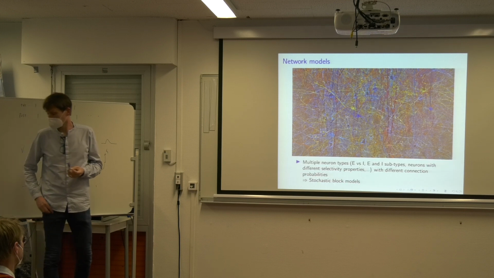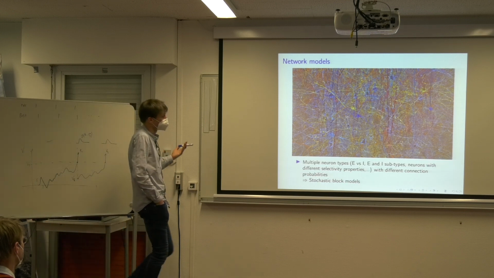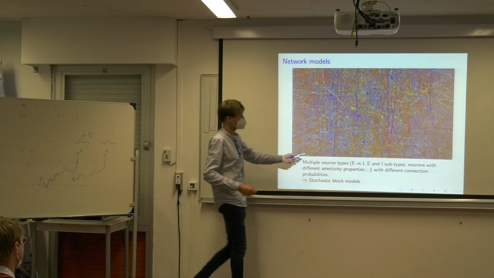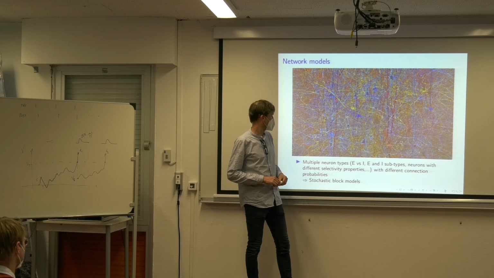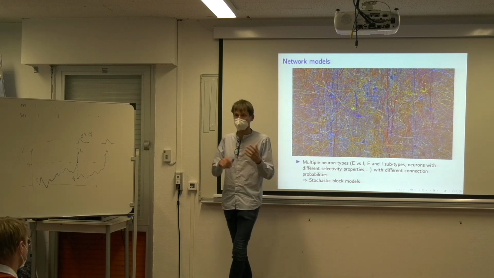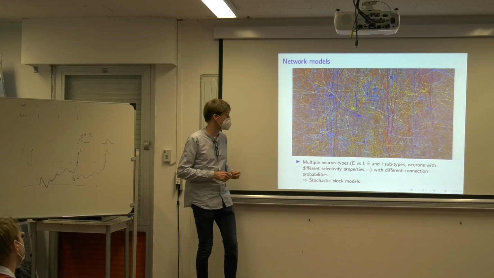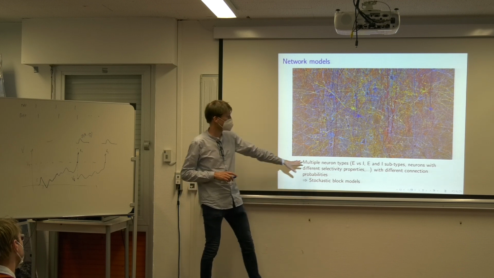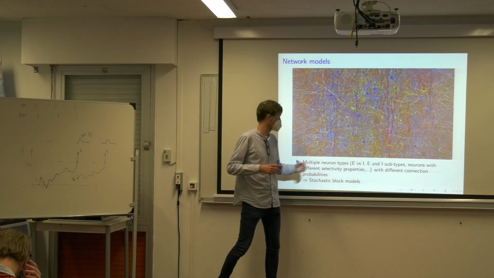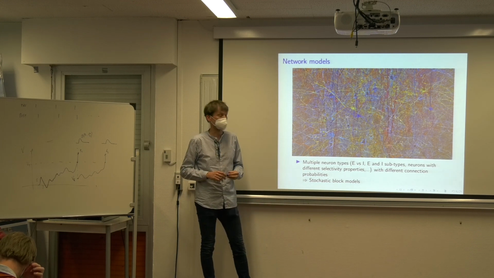But that doesn't take into account the fact that you have multiple neuron types, for instance, excitatory and inhibitory, or you can have multiple subtypes. Neurons, we'll come to this later, can be different in how they respond to external inputs, so that leads to much more heterogeneous networks, and these different types of neurons might have different connection probabilities, and in fact they do, that's been shown experimentally.